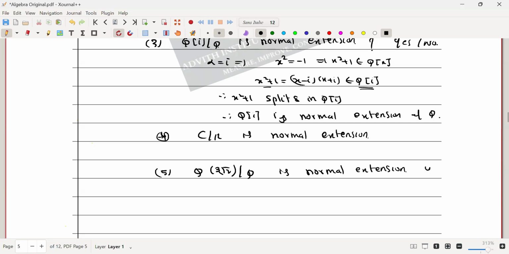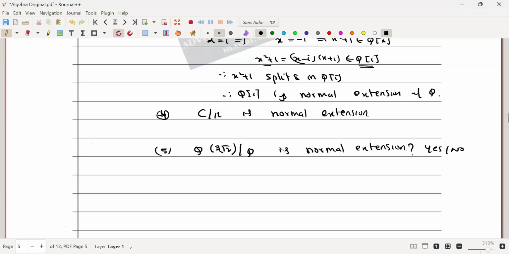Yes or no? I said before that it is a separable extension. But is it normal? For normal, what do we need? Every root of the polynomial generated by that element.